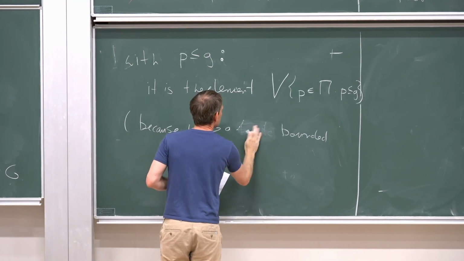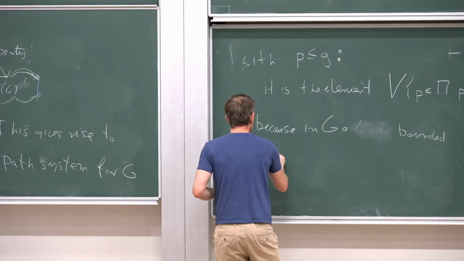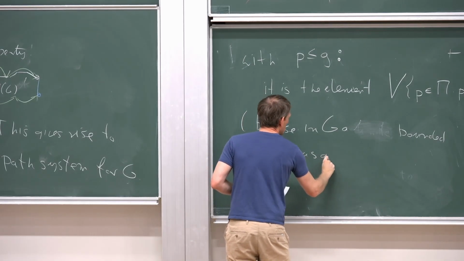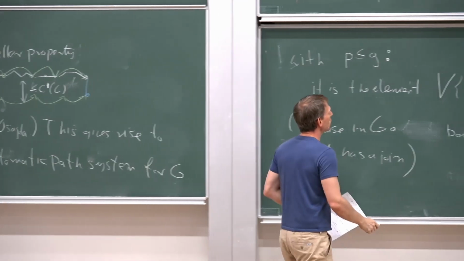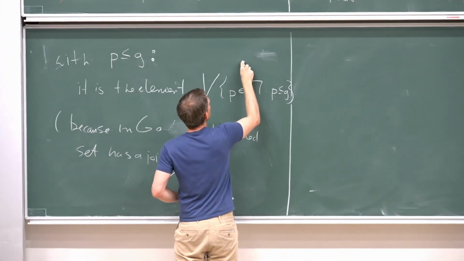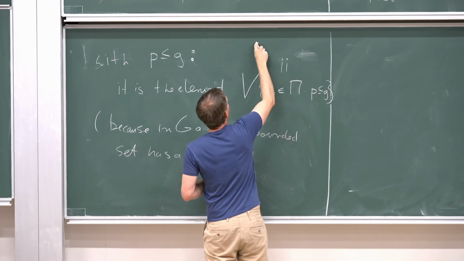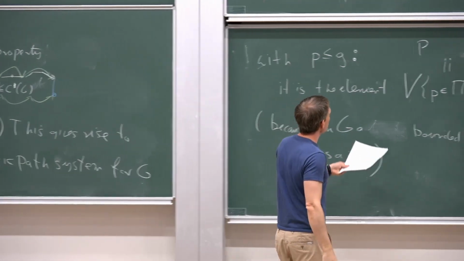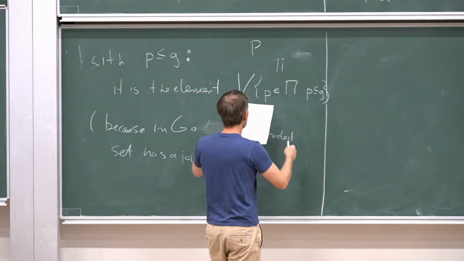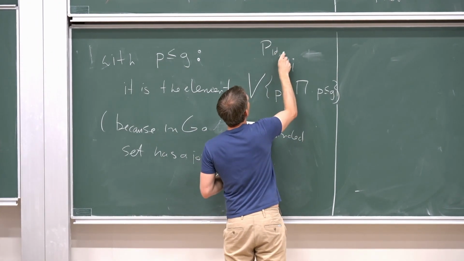And we call this element, let's have a name for this element. I will use a similar notation as for the voracious projection, but I will replace pi with p. It will be the projection of identity towards G.